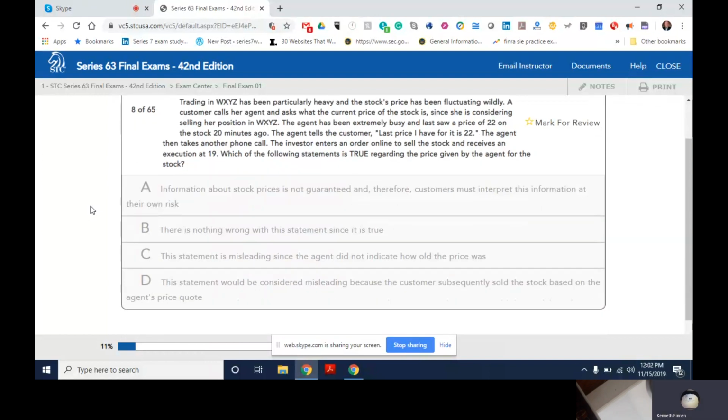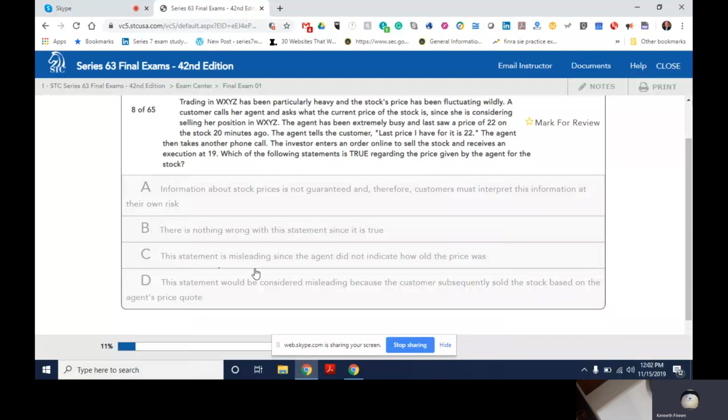Okay. Information about stock price is not guaranteed, and therefore customers must interpret. No, she did not tell her that it was from 20 minutes ago. That's not her fault. That's on the agent. There's nothing wrong with the statement since it's true. No, because it's misleading. The statement is misleading since the agent did not indicate how old the price was. That's the point.